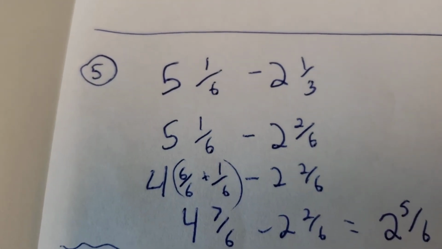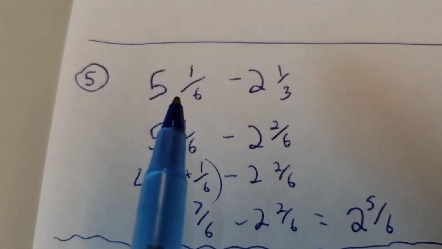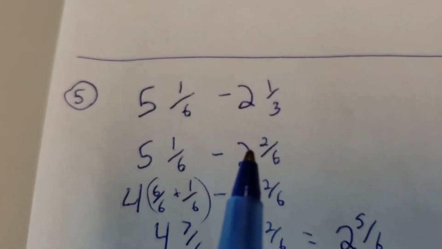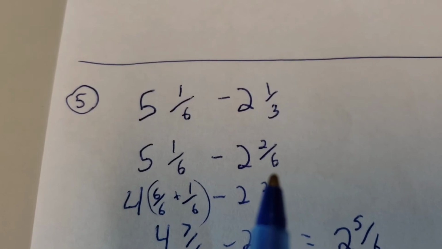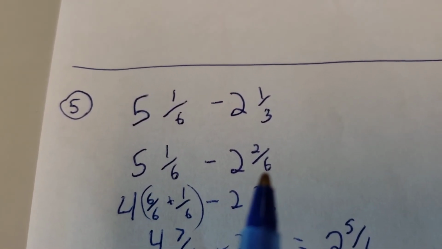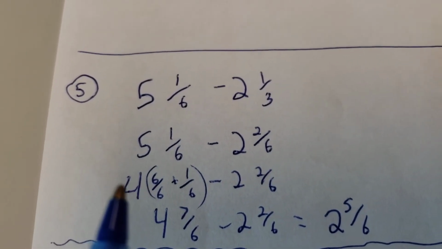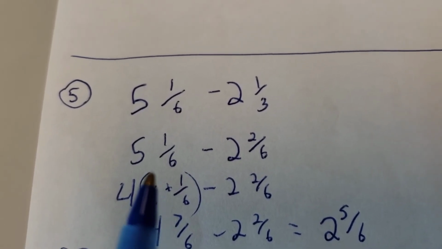Now, number 5, we get a little extra work here. We have 5 and 1/6 minus 2 and 1/3. So I got different denominators right away, so I have to figure that out first. By the time I get to that point, it's 5 and 1/6 minus 2 and 2/6. But 1/6 minus 2/6 isn't going to work. So kind of like on number 3, I'm going to borrow. Take 1 away from that 5 and make it a 4. Now the one I took away, I made it 6/6 because that's a full amount.